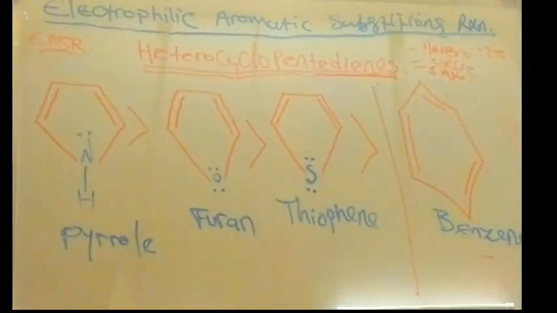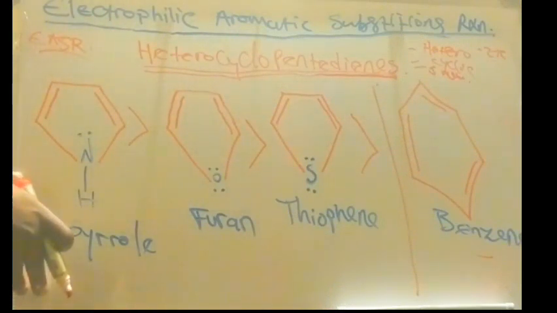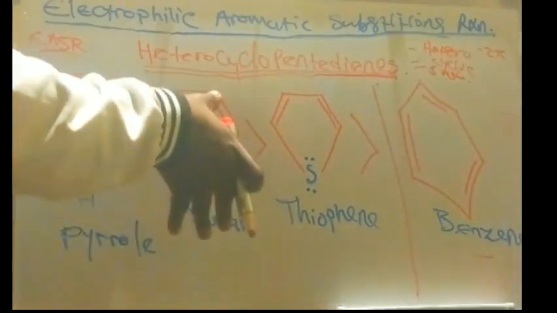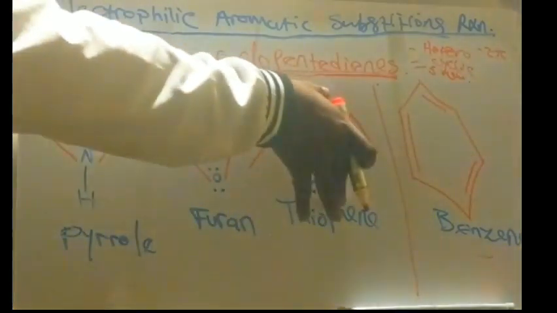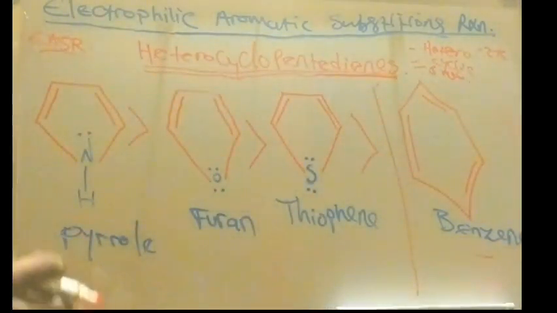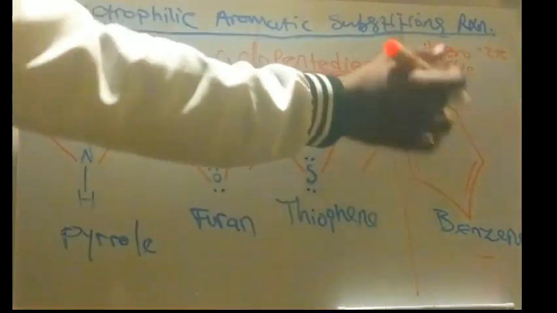Why do we say so? Okay, so this is due to the fact that the intermediate produced by these heterocyclopentadienes will be more stable as compared to the intermediate produced by a benzene ring.